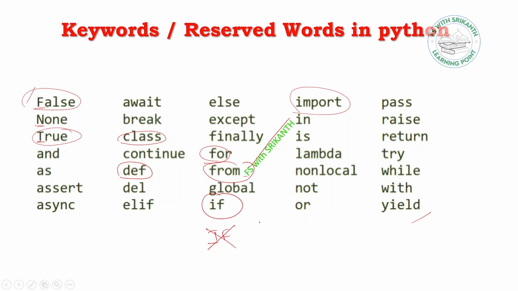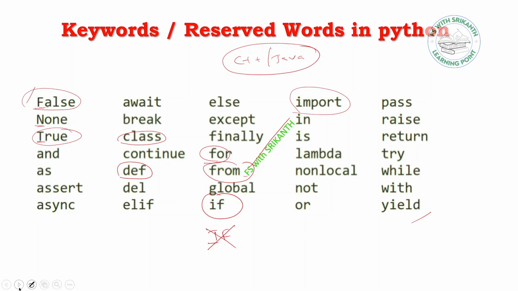If you try to use a keyword as a variable name, method name, or function name, definitely it will give a syntactical error. When we compare with other programming languages like C++ and Java, some keywords are added and some are removed in Python. In Python, there is no switch case.